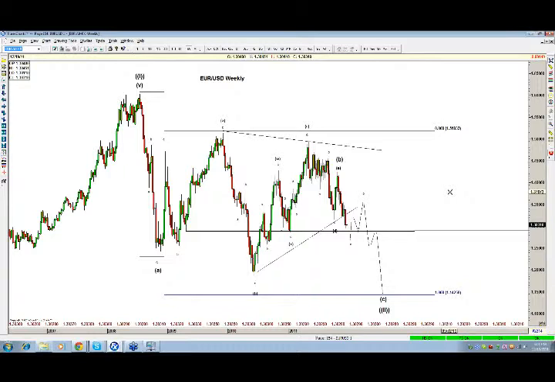If the S&P is going to keep lower, the euro is going to keep lower. If the S&P is going to rally to the outside, then the euro should rally into the B wave. All I can say is that at this stage, I believe that 142 is very solid, and any bounce should be sold against that level to some degree. That's what I say about the euro.